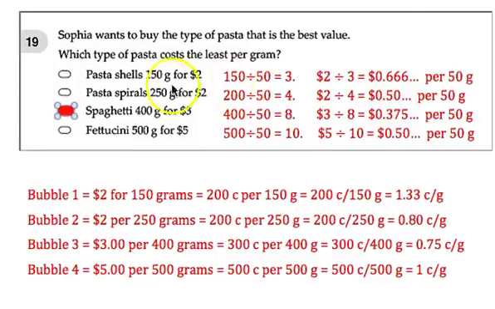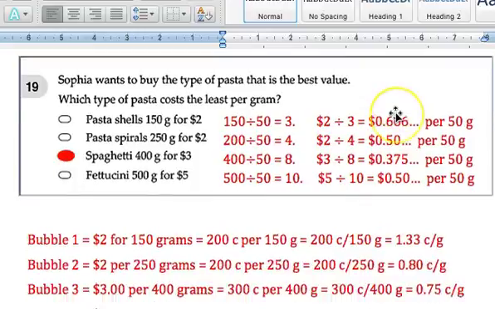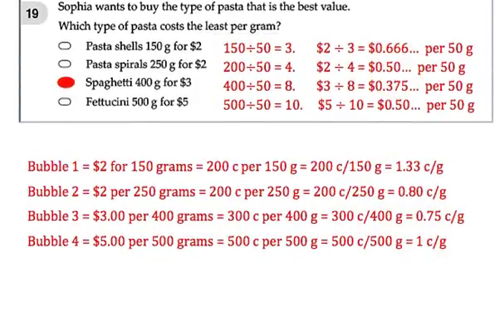The other way to do this is to work out the cost per 50 grams. Now, we know that 50 goes into each of these numbers. So we see how many 50s go into 150. 150 divided by 50 is 3. So if we divide $2 by 3, we'll get the cost for 50 grams. So $2 divided by 3 is 0.666 recurring, which is 0.67.